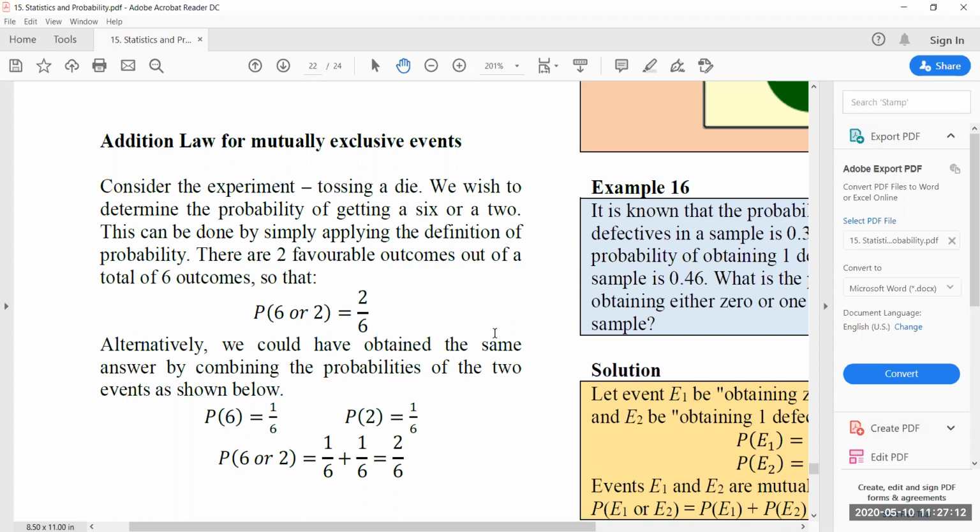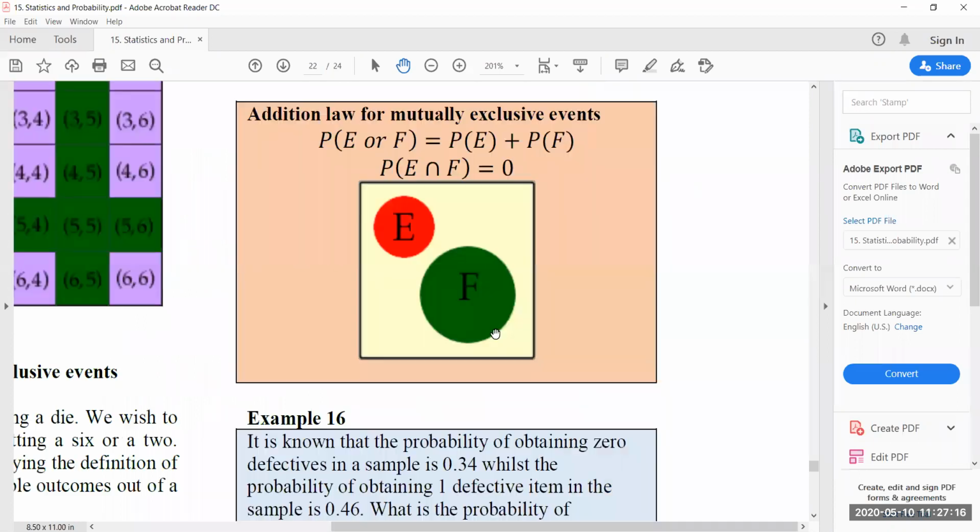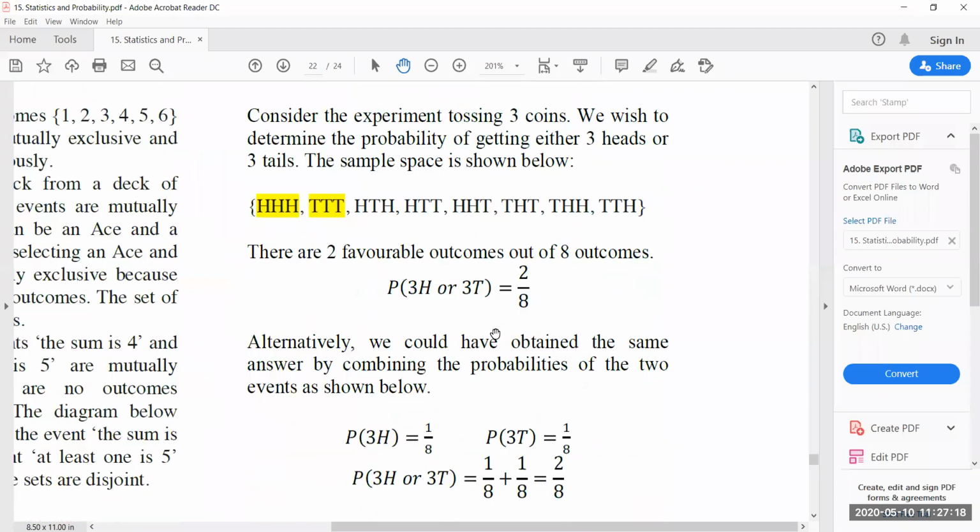Okay, so let's consider an experiment now with tossing 3 coins. We wish to determine the probability of getting 3 heads or 3 tails. In the sample space below, we can see how many times the outcomes can occur. So 2 favorable outcomes out of 8 outcomes will be getting 3 heads or 3 tails.